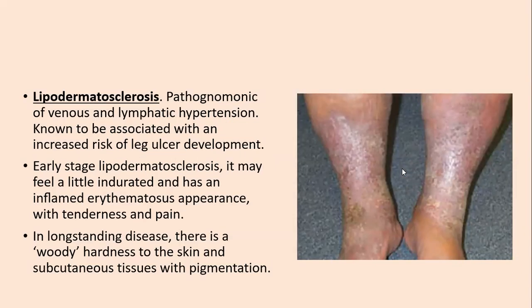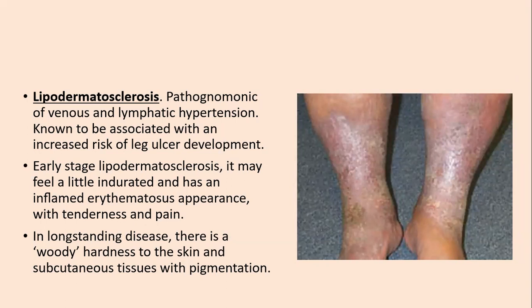Then a very important complication of chronic venous insufficiency is lipodermatosclerosis. It is pathognomonic of venous and lymphatic hypertension and is associated with increased risk of leg ulcer development. In early stages of lipodermatosclerosis, skin may feel indurated and has an inflamed erythematous appearance with tenderness and pain.